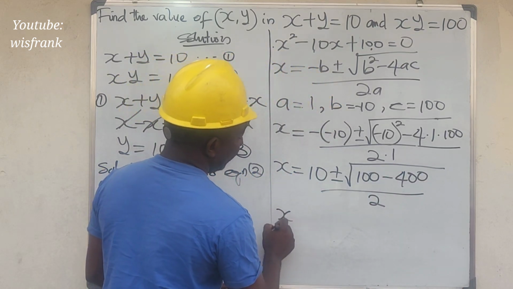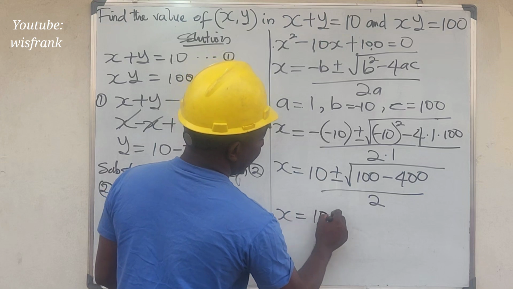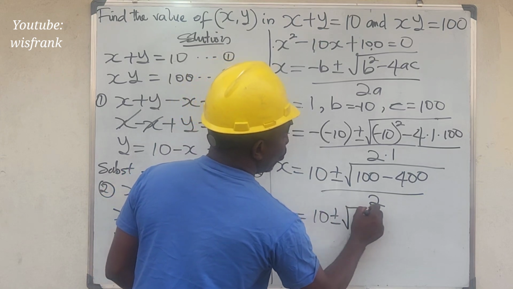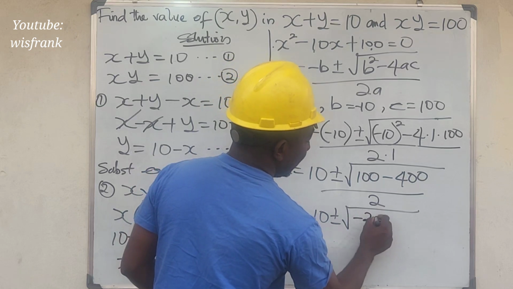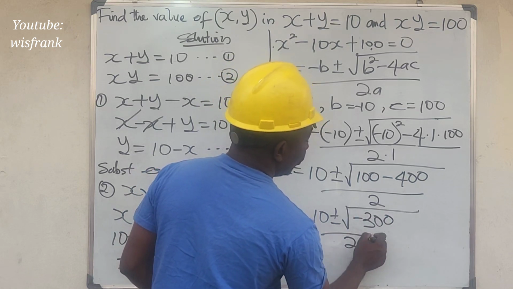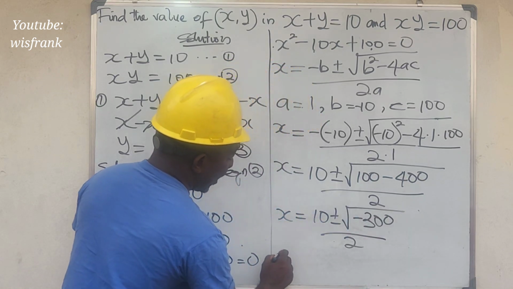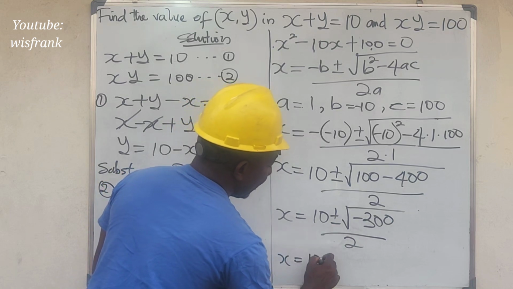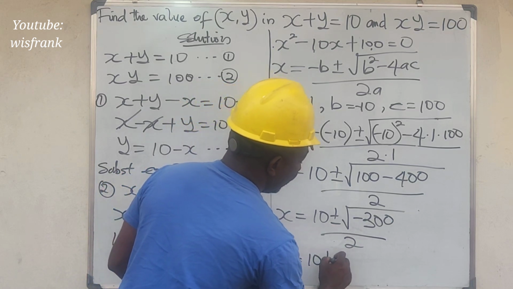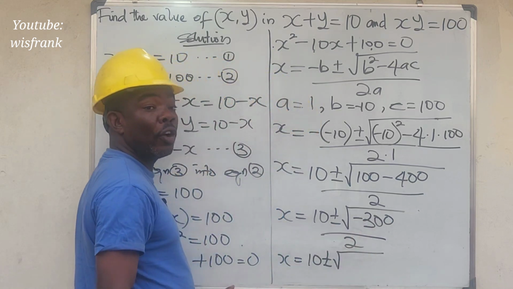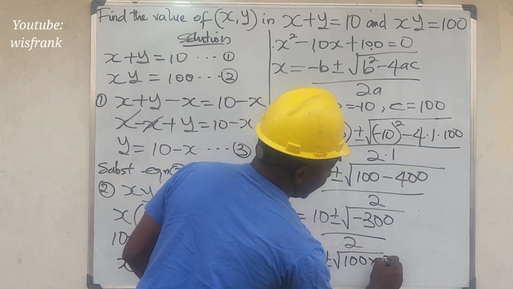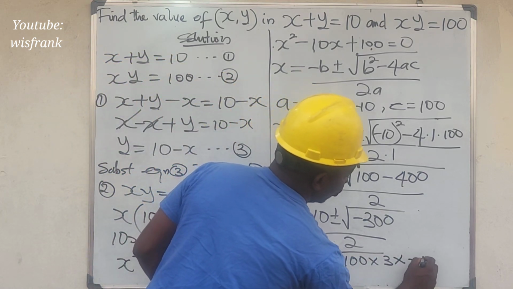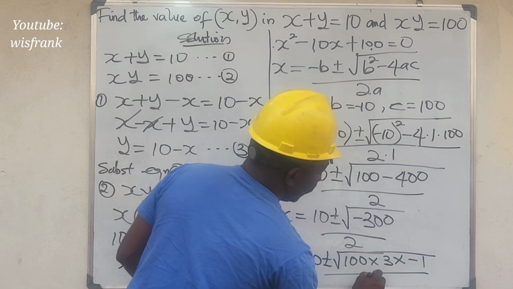So our value of x equals 10 plus or minus square root of 100 minus 400, which will become minus 300, all over 2. In so doing, we can express x as 10 plus or minus square root of 300, which is the same thing as 100 times 3 times minus 1, all over 2.